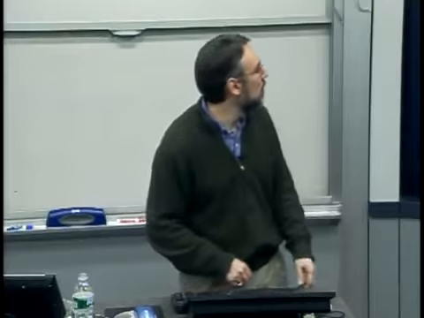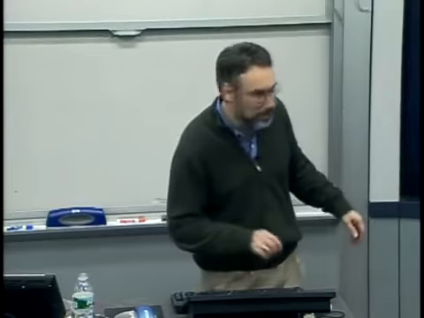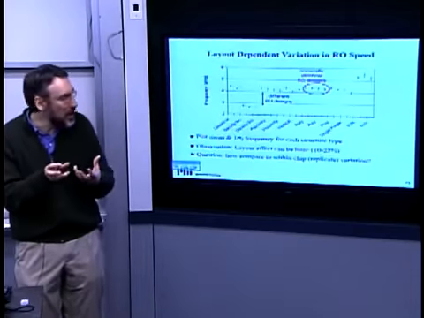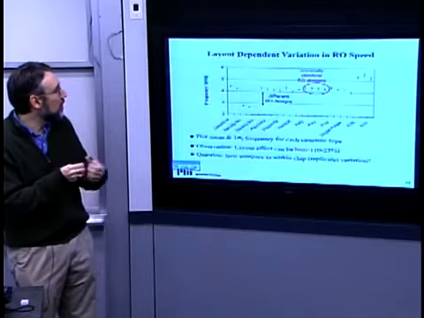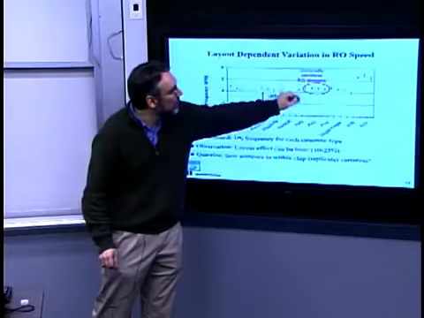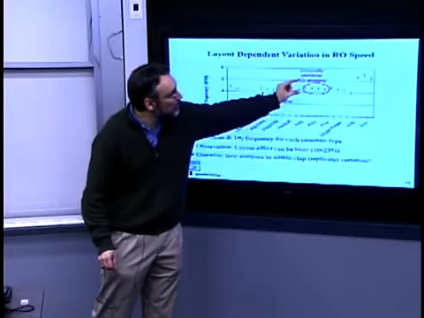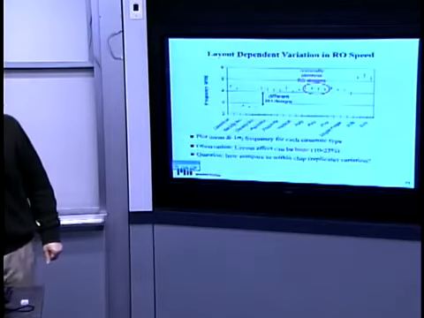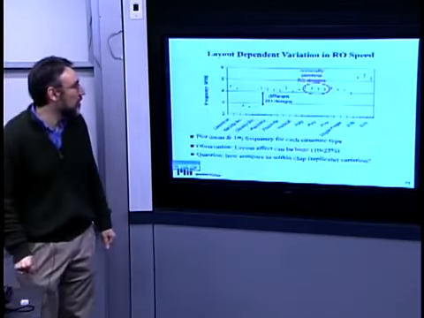You can also start to look and say, depending on how you designed the transistor, what kind of offsets do you get in the frequency, and what kind of variation do you get in the speed of the devices.